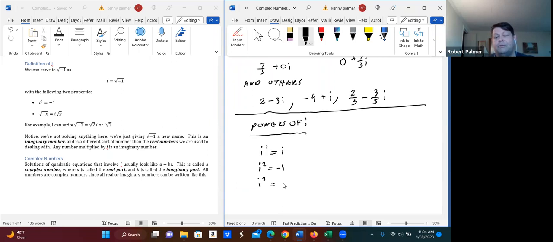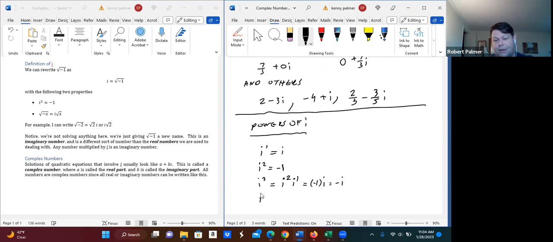If you recall the rule of exponents, when multiplying numbers with the same base, we add the exponents. So i squared times i to the first: these have the same base, both i, so we add the exponents. 2 plus 1 is 3. As we just said, i squared is -1, and -1 times just i becomes -i. So i cubed is -i.